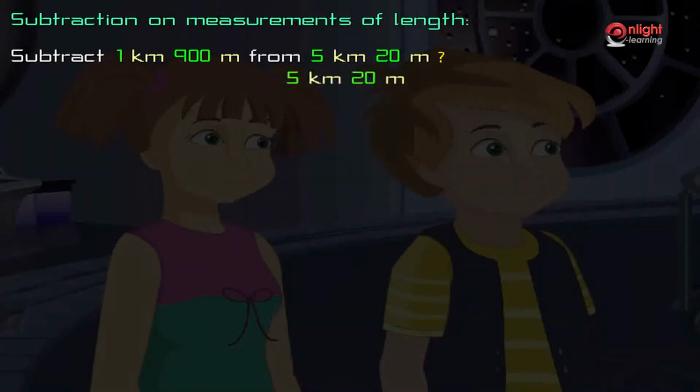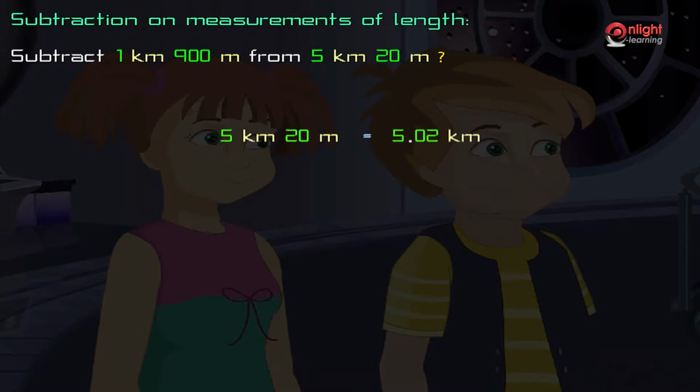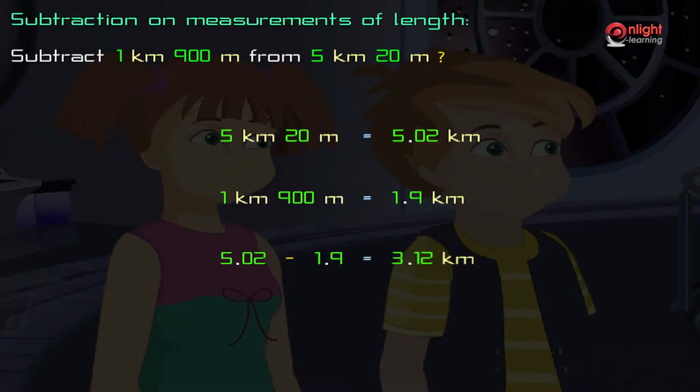Hence, 5 kilometers 20 meters is equal to 5.02 kilometers and 1 kilometer 900 meters is equal to 1.9 kilometers. As all the numbers are in the same units, we can subtract them. 5.02 minus 1.9 is equal to 3.12 kilometers.